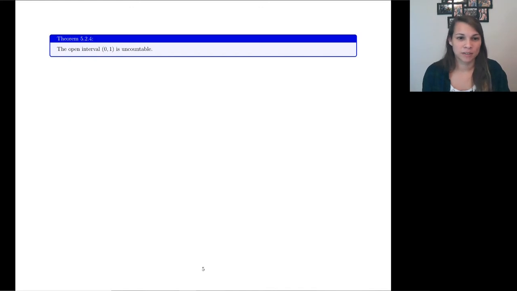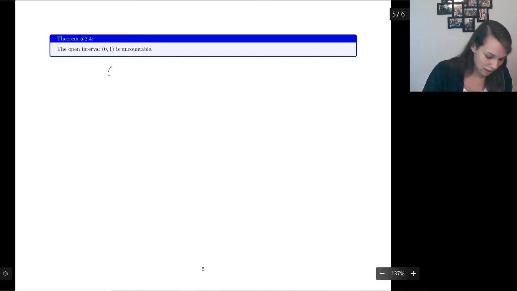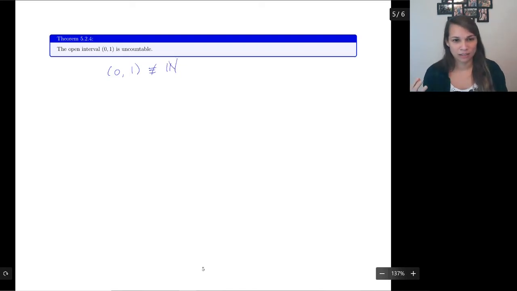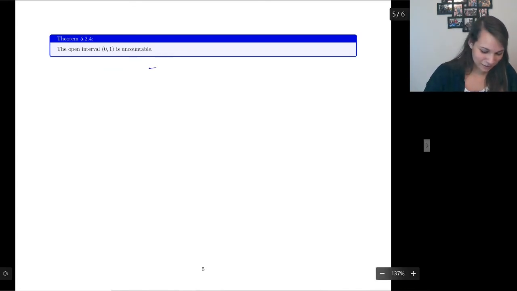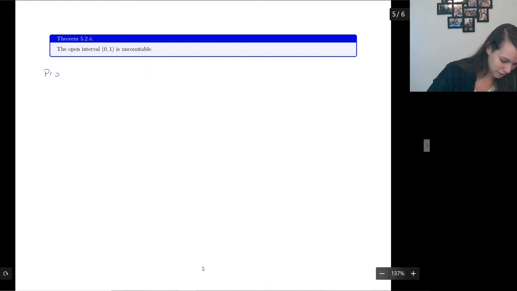In order to prove that this is not countable, we need to prove that there doesn't exist a bijection between these guys. Going through and listing every single function out there is impossible. We can't do that. And so how do we prove that we can't find one? Contradiction. You suppose that you can. So let's get started with a proof by contradiction.